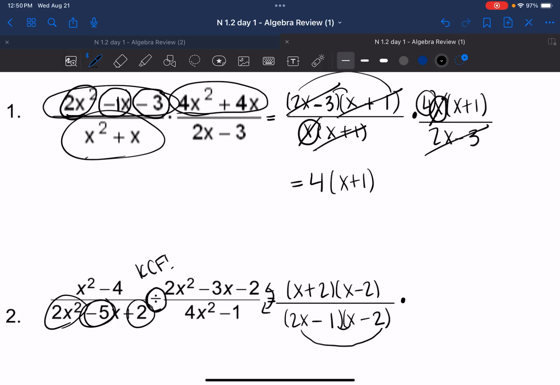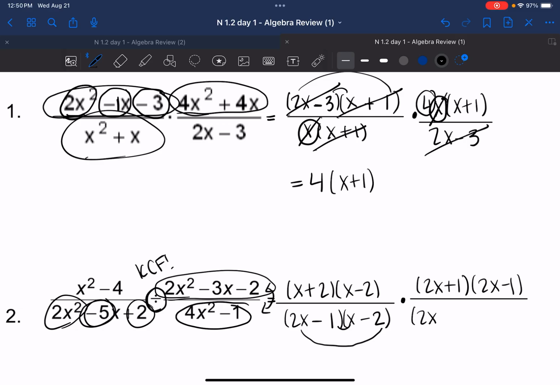While I flip it over, I'm also going to factor it when I rewrite it. So this is now going to be in the numerator, which is a difference of squares. So that's going to be 2x plus 1 and 2x minus 1. And then in the denominator, we now are going to have this piece, which would factor to 2x and x, has to multiply to give us -2, add to give us -3.